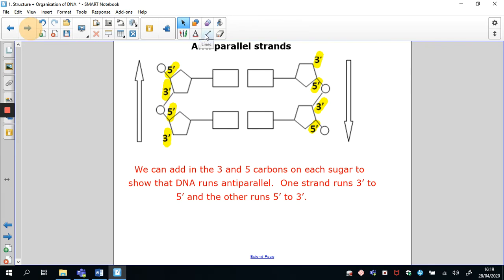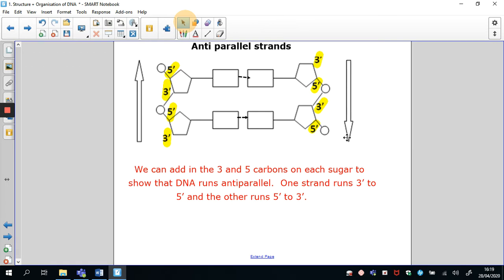If we then look at a molecule of DNA, remember we've got our dotted lines, which represent the hydrogen bonds joining those two together. I'm doing this really badly. Then we know that that's 5, and that's 3, that's a 5, that's a 3. And obviously we've already worked out that this side is completely upside down. So that's 3, that's 5, that's 3, that's 5.